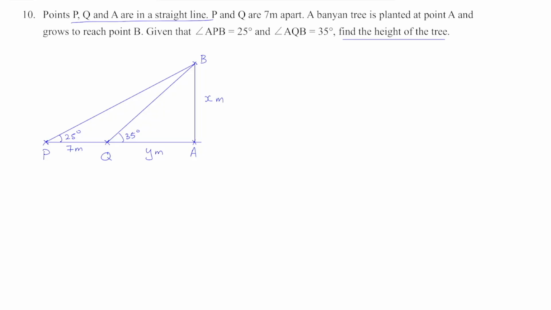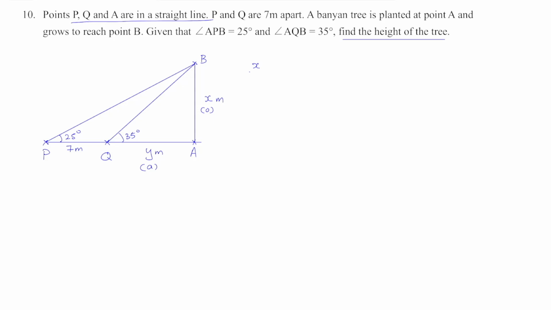Then we will form the first equation. We have this length. My y is the adjacent, and my x is the opposite for the small triangle. So O and A will form tangent, right?